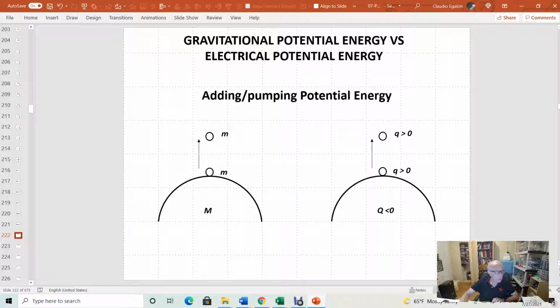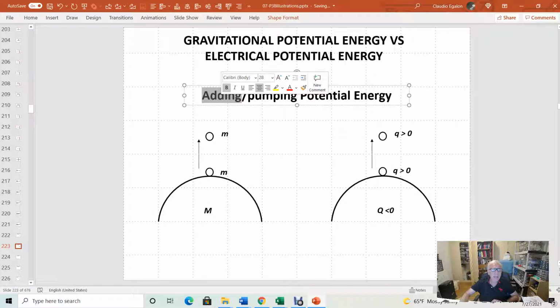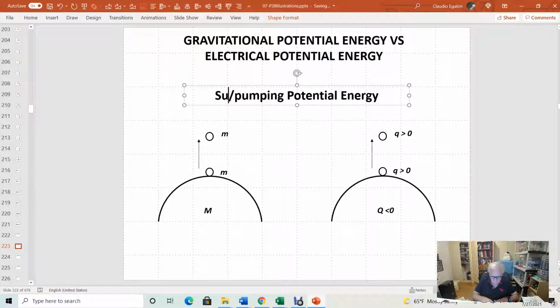Okay, so I can do the other graph that is in your book. Your book has a similar graph. Now we are not going to add potential energy, we are subtracting potential energy. Pumping out potential energy. How does it work? Okay, first start here at the top and move to the bottom.